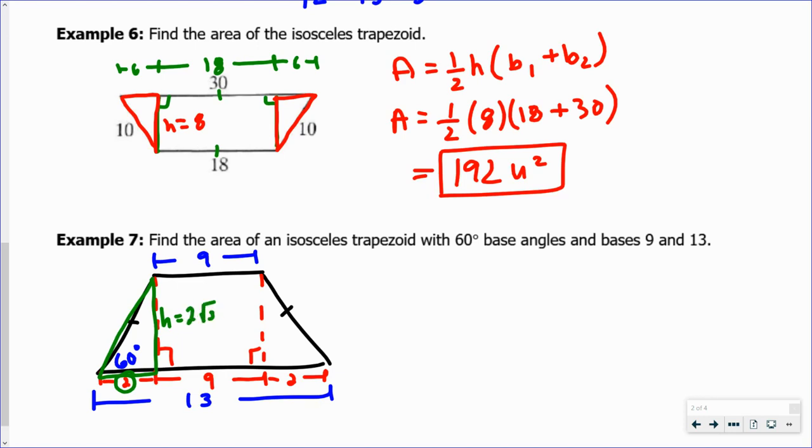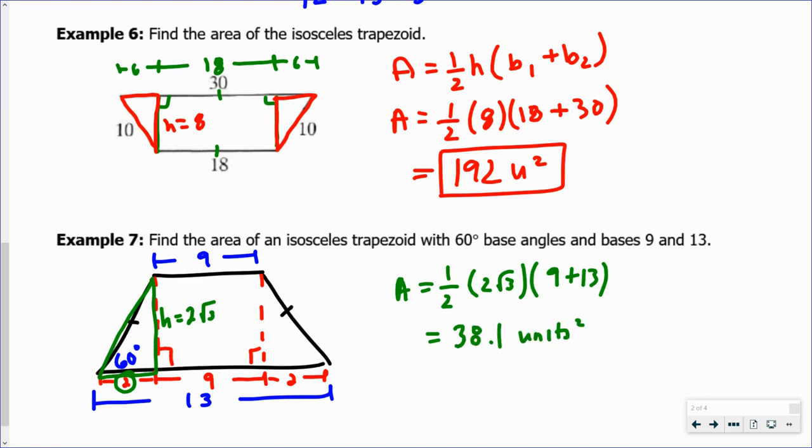And again, we've got everything that we need. The area is equal to 1/2 the height, which is 2 root 3, times the sum of the bases, which is 9 plus 13. And if we do that out and round to the nearest tenth, we get about 38.1 square units.